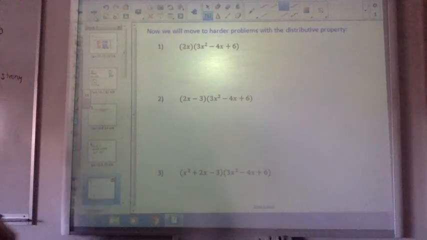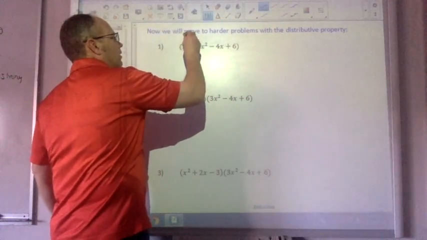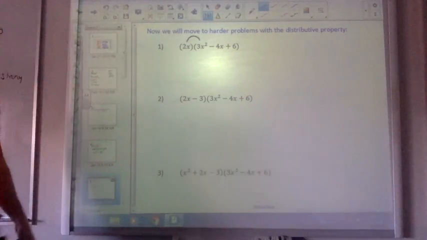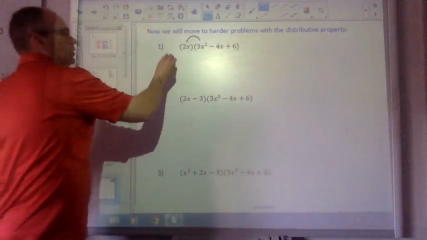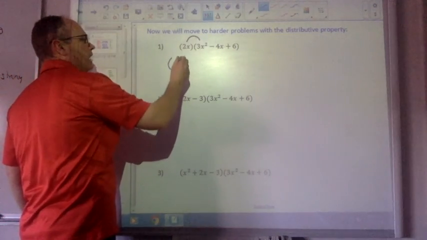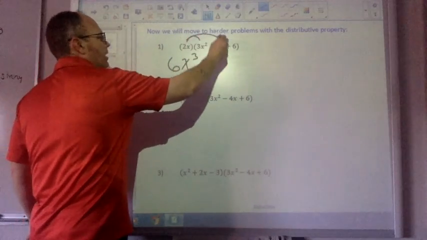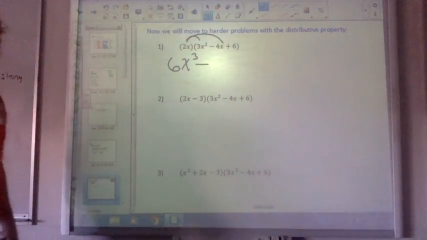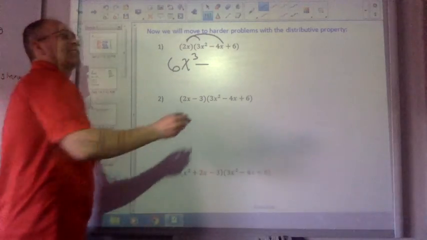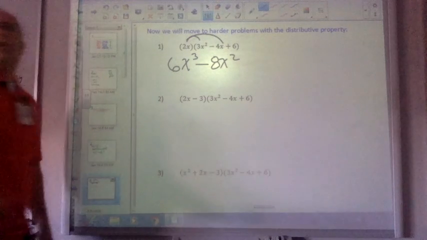All right, so problem number 1. Let's see if we can walk through this. There's my first thing. What is 2x times 3x squared? 2 times 3 is 6, and then x times x squared is x to the third. Okay, and the next one, I got a minus in there. What's 2x times negative 4x? 8x to the power of 2. Good. Why is it the power of 2?